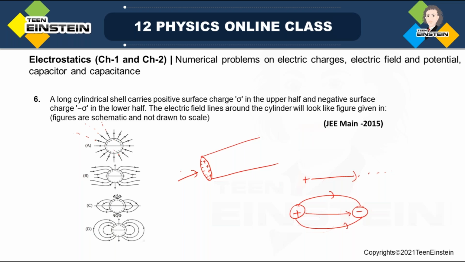So we cannot say this pattern is perfectly correct, even though the field lines are entering at the negative charges and emitting from the positive charges. Actually, this field line seems to come from infinity or from somewhere else. And these field lines which are emitting from positive charges are going somewhere else instead of meeting at this particular position. So this is not that correct.